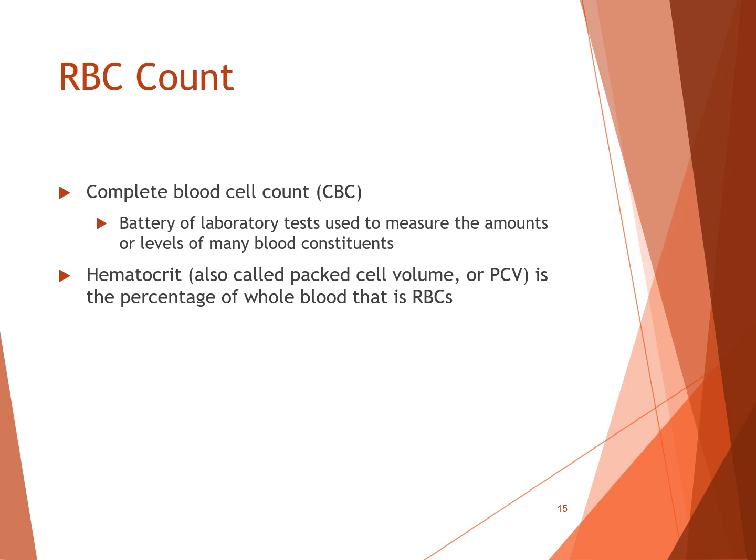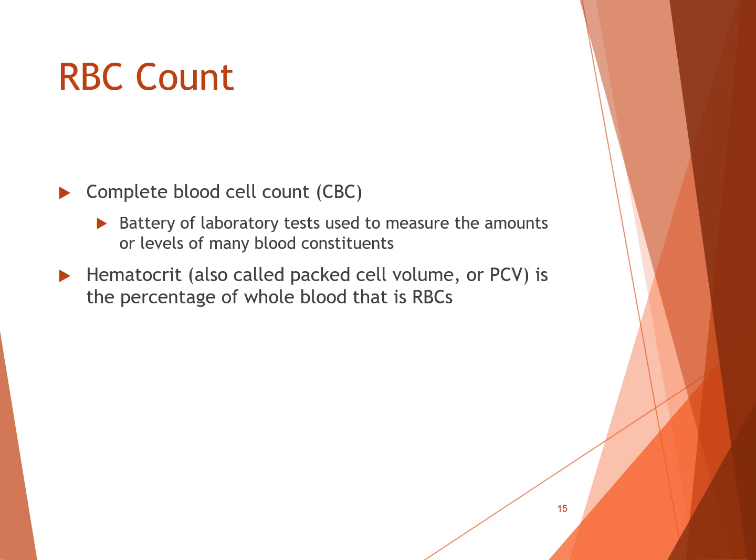There's a lot that we can learn when we look at the formed components of blood. And when we look at all of these formed components, we refer to that as a complete blood cell count, or a CBC. A CBC, we probably all had one of those because it's a routine part of any physical examination if they're going to draw blood and take a look at it.